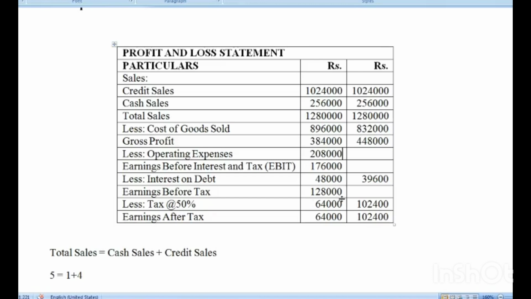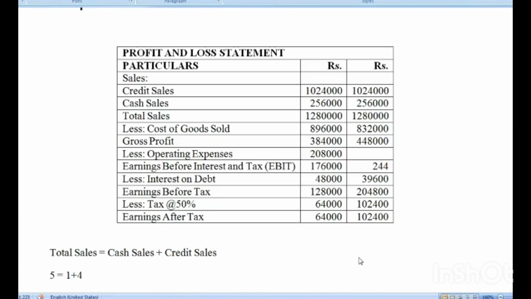In the same way, we go for the next company. Here 1 lakh 2,400 plus 1 lakh 2,400 is 2 lakh 4,800. Okay, and add 39,600: 2 lakh 44,400.